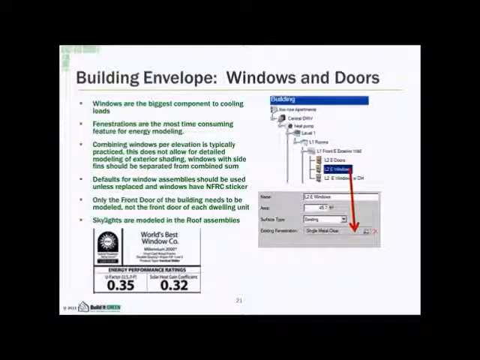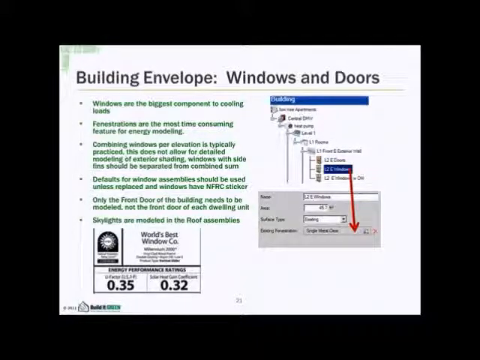And if you do encounter a building and it does look like it has new windows, try to find that NFRC sticker. If you don't know what the NFRC sticker looks like, it's here on the very bottom left. It should have this arced window here with the sun peeking through, and it'll give you the U-factor and the solar heat gain coefficient for that window.